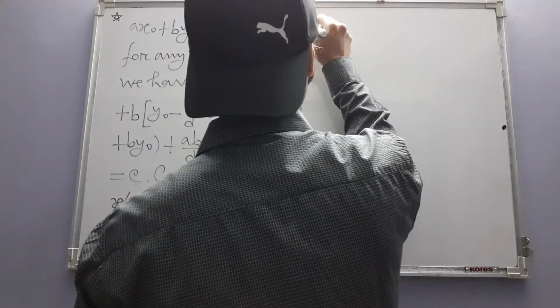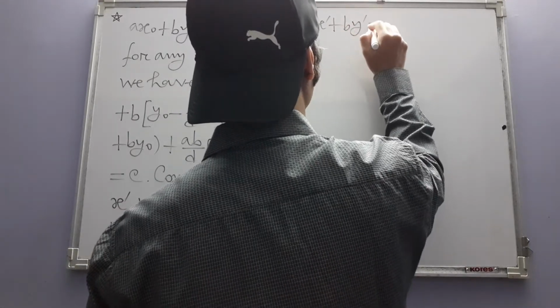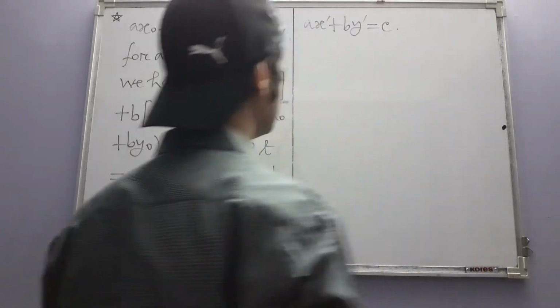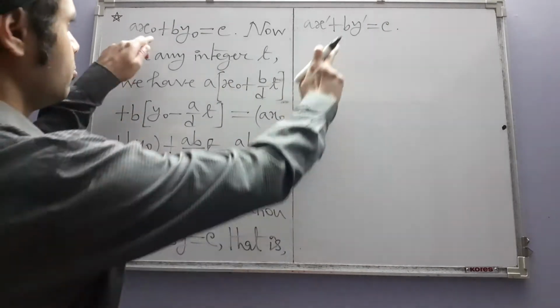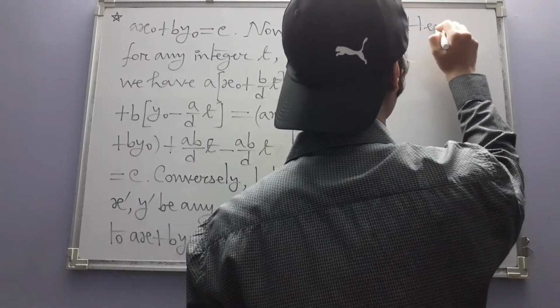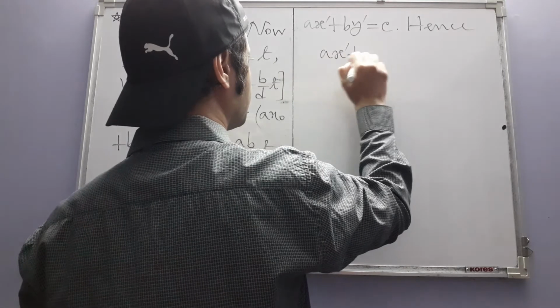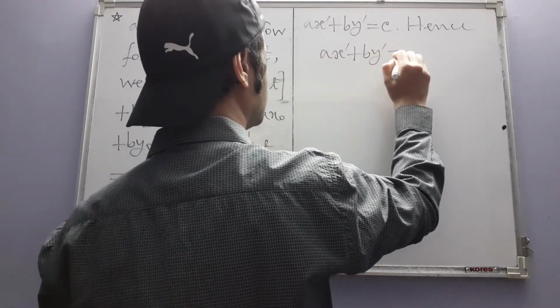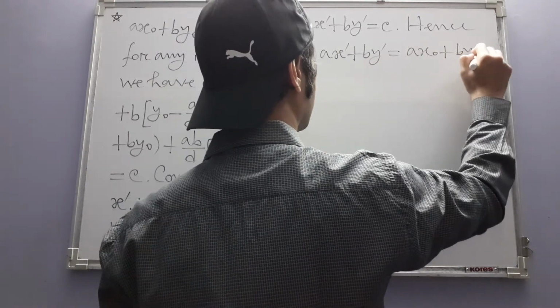So now we have ax prime plus by prime equal to c. So we can now use these two equations together. Hence, ax prime plus by prime is equal to ax naught plus by naught.